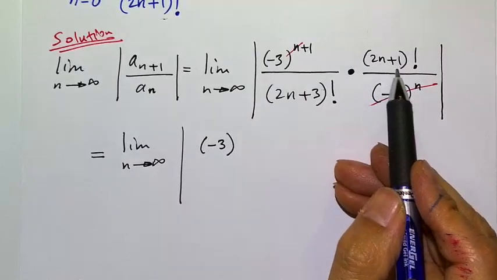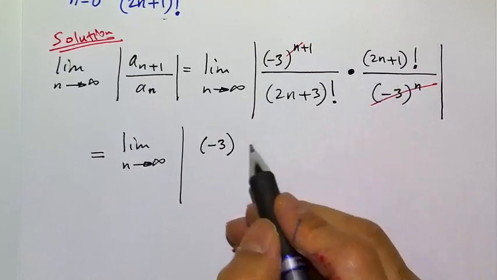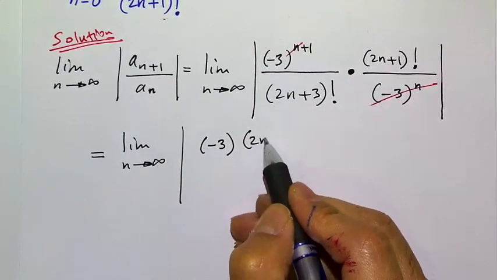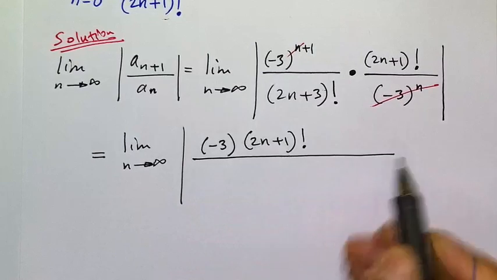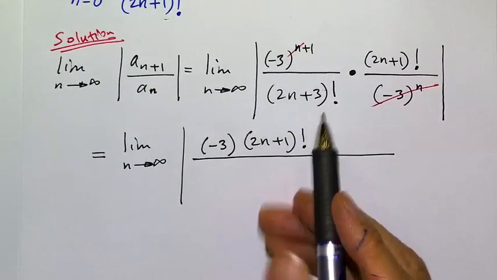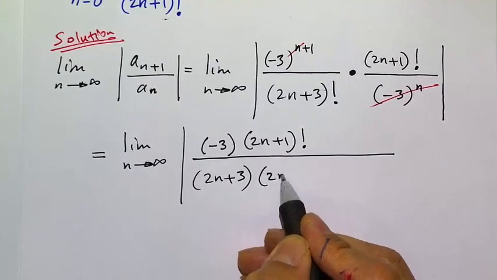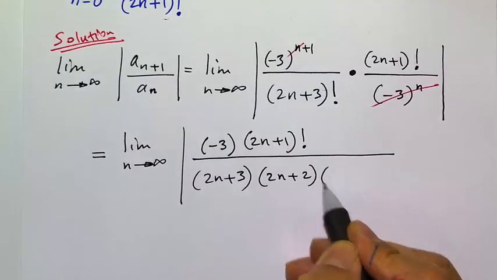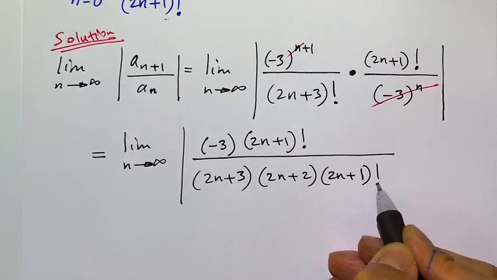Times, now something interesting happens here, but let me do it in steps. For now, let me keep that. So 2n plus 1 factorial divided by, now let's obtain the first few terms of this. What do we get? We get 2n plus 3 times 2n plus 2 times 2n plus 1 factorial.